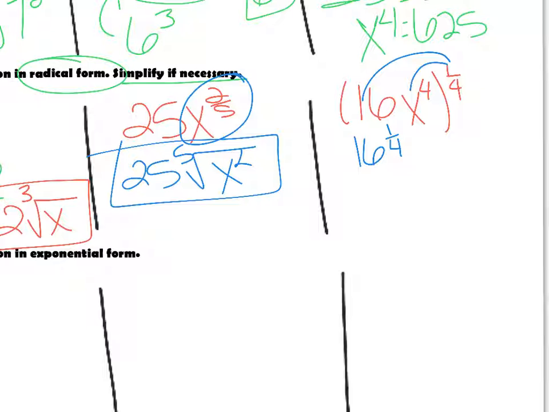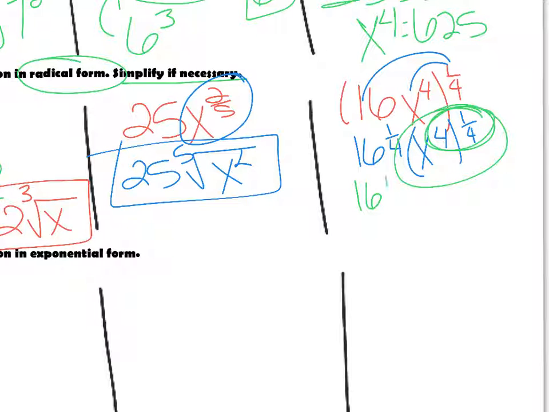When I do x to the 4th to the 1/4, we're going to apply another exponent rule. This is a power to a power. So the 4 and the 1/4, I'm going to multiply those. Well, when you take 4 times 1/4, you get 1. So this is 16 to the 1/4, x to the 1st, or just x.